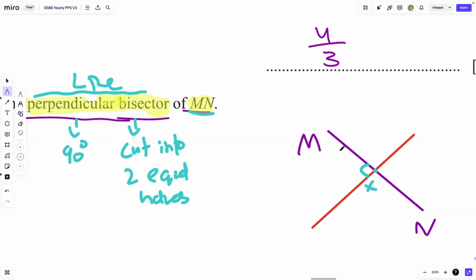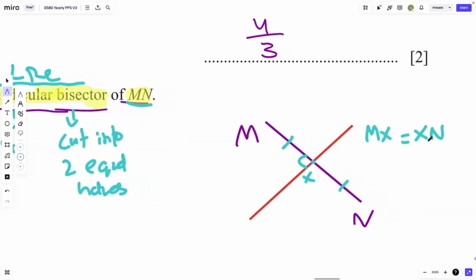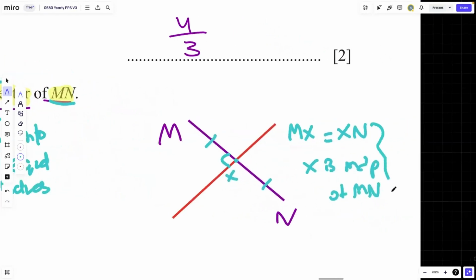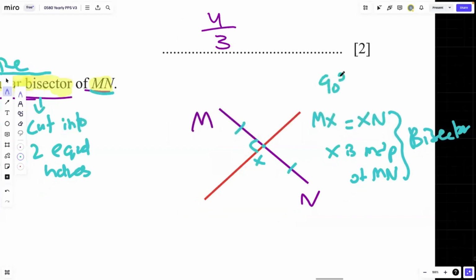So that's why MX and XN would be the same, because X would be the midpoint of MN. Why so? Because of the word bisector. That is what caused it to be at 90 degrees, because of the word perpendicular.